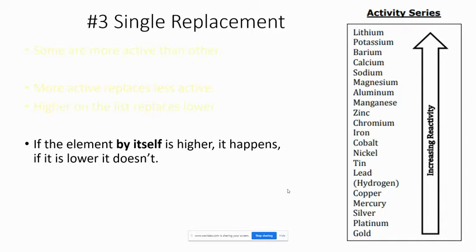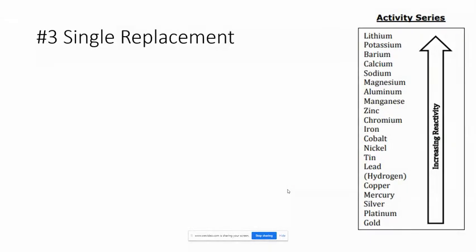Metals will replace metals. Hydrogen, since you know where hydrogen is on that far left side of the periodic table, is going to act like a metal in these situations. So metals will replace other metals, and they will replace hydrogen.